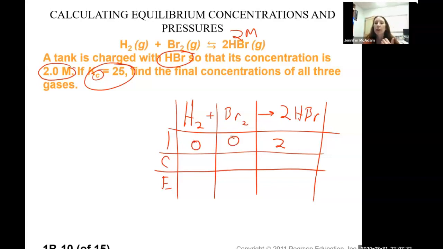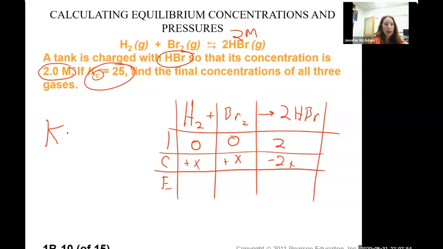Okay, so here's one where we're only given products. So this means this reaction is going to have to go backwards, right? So that means we're going to go down by 2x, up by x, up by x. But remember, we always write our equilibrium expression the way it's written.